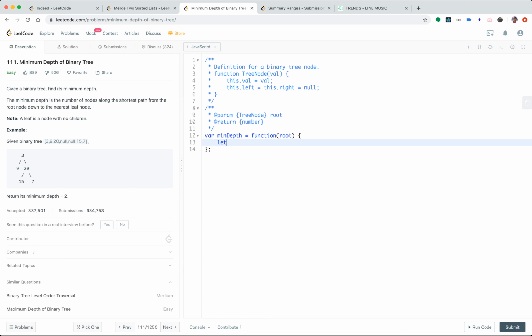Okay, let min distance equal number positive infinity.